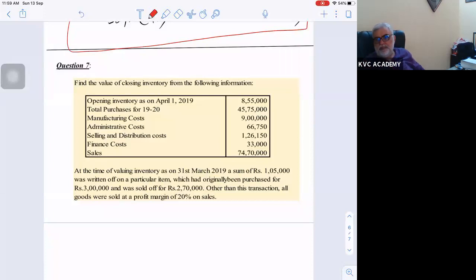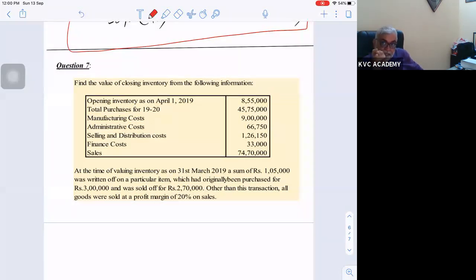I want to know what is my closing stock. At the beginning of the year, I started with the value of 8,55,000. Now my first line in the paragraph says, at the time of valuing the inventory on 31st March 19, which is as good as 1st April 2019, I have reduced that stock by 1,05,000.